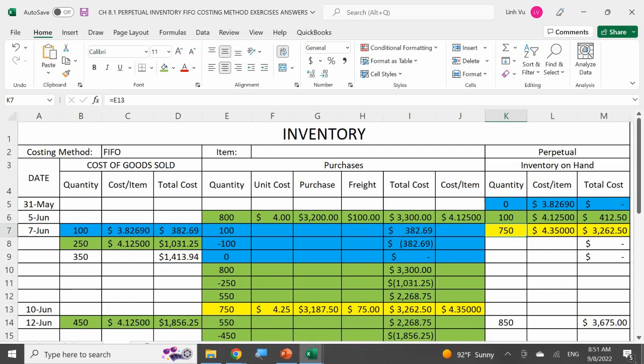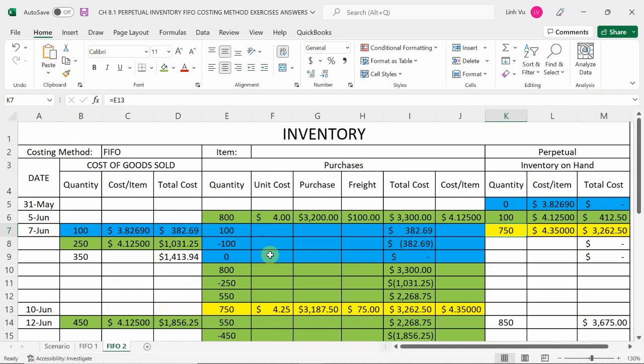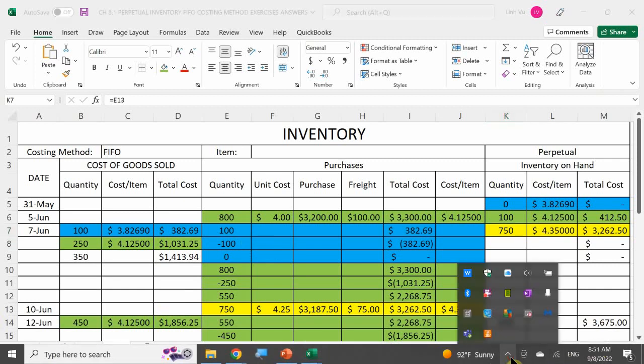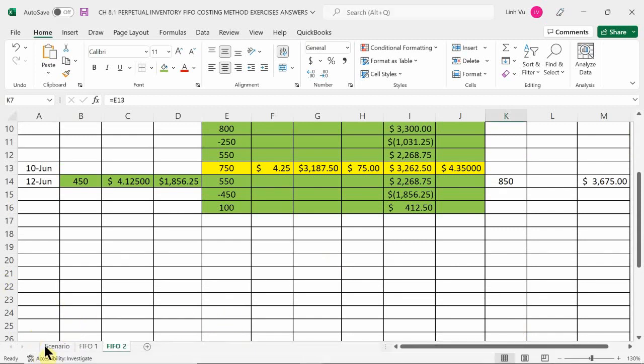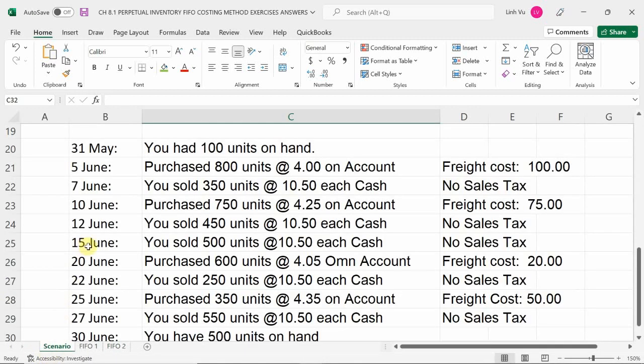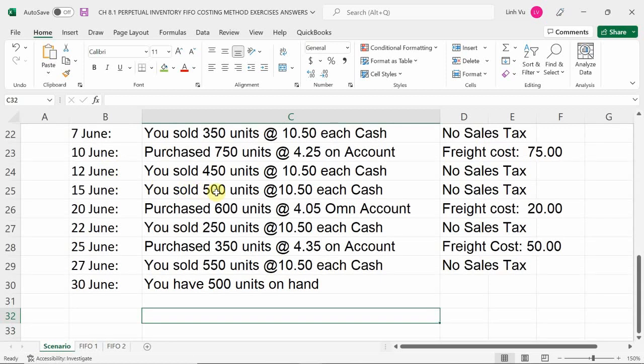Okay. Now I'm down to 850 left in my inventory. So let's see what's next. June 15, we end up selling an additional 500 units.